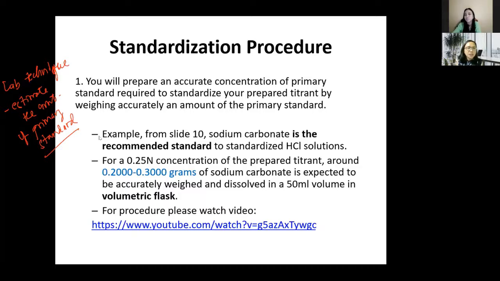So, this is an important technique na kailangan ninyong gawin before you standardize. In our experiment, hindi nyo na ito ginawa kasi we already estimated the mass of sodium carbonate na gagamitin natin during the titration. Okay? So, for example, ang needed natin na concentration is 0.25 lang.